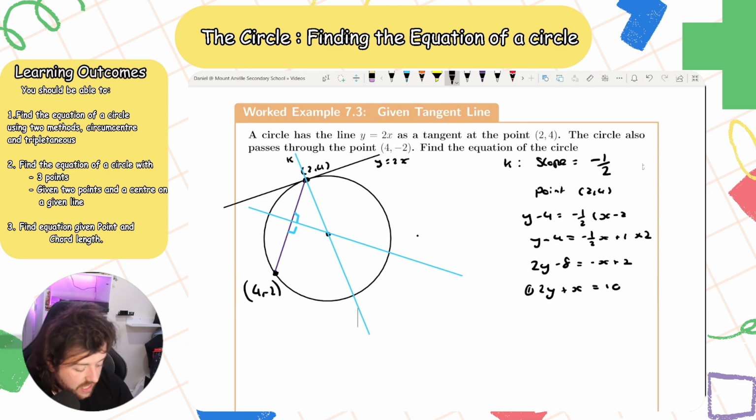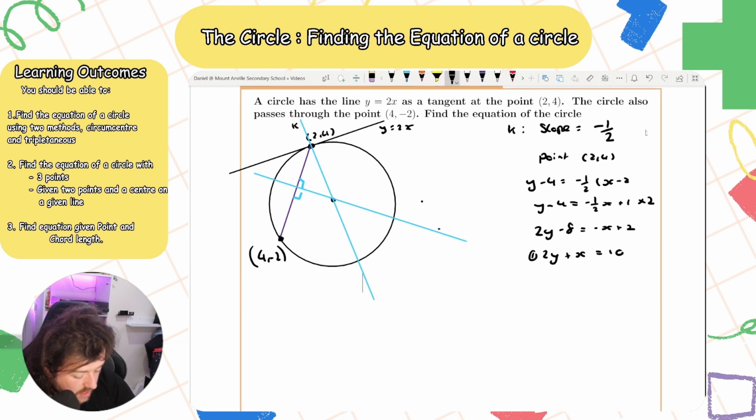Now let's find the chord. I'm going to call this line L. For my perpendicular bisector, I need my midpoint.